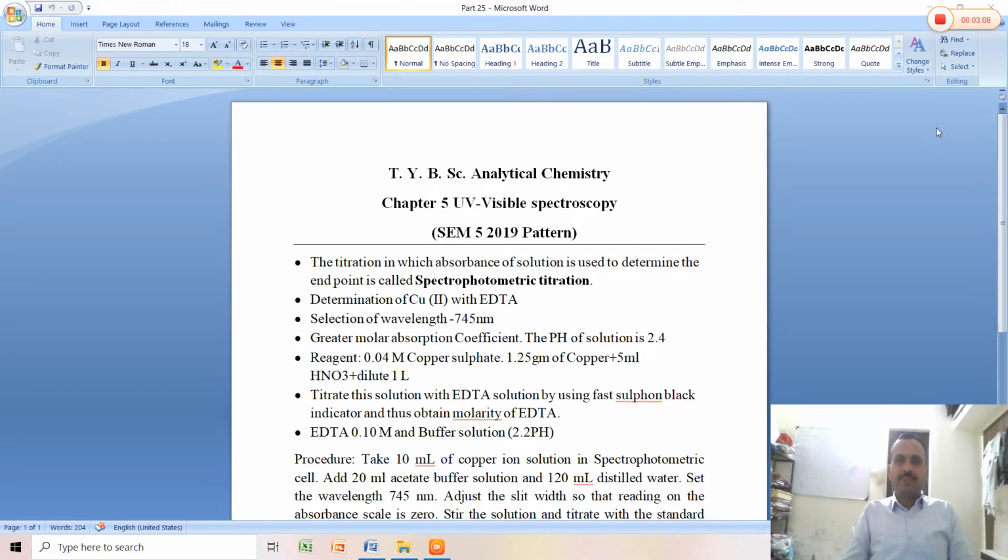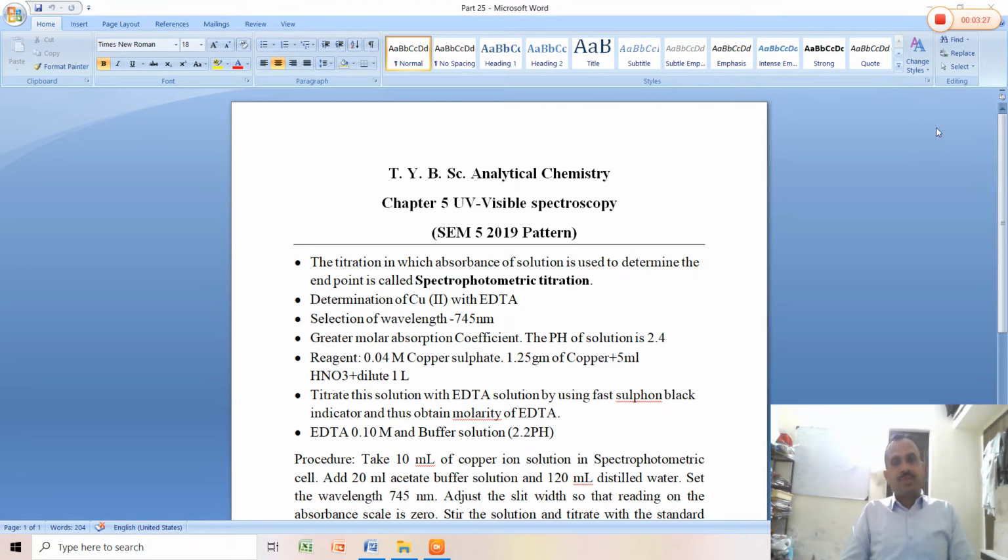When we prepare the standard solutions with increasing volume from 2 ml to 10 ml, at that time we add a similar quantity of 2.5 ml ammonia, which is the coloring agent for copper.